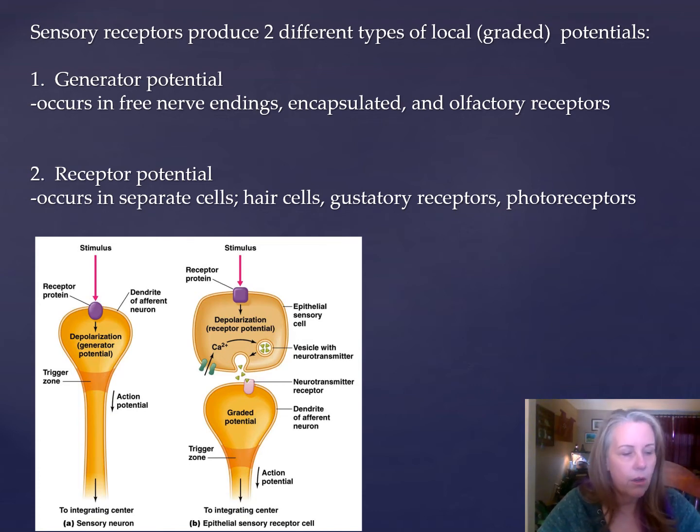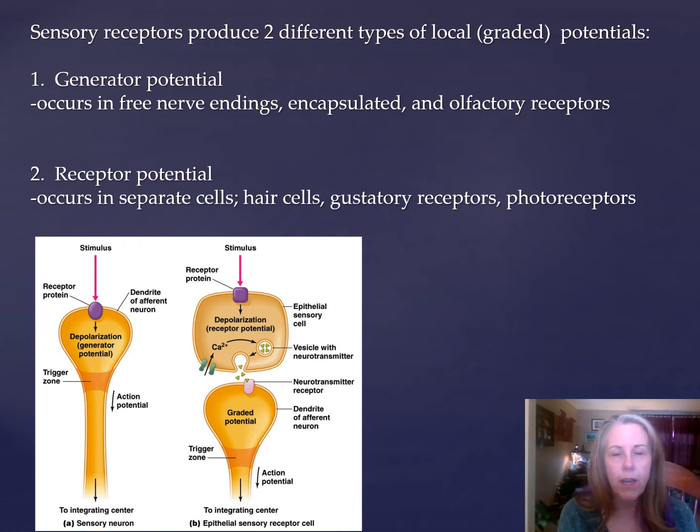All right, so in the receptor potentials that occur in separate cells, what's going to happen is that the separate cells, when acted on by the stimulus, in turn are going to release a neurotransmitter. Then that neurotransmitter is going to basically activate or stimulate the neuron. It's going to really act on that sensory neuron.